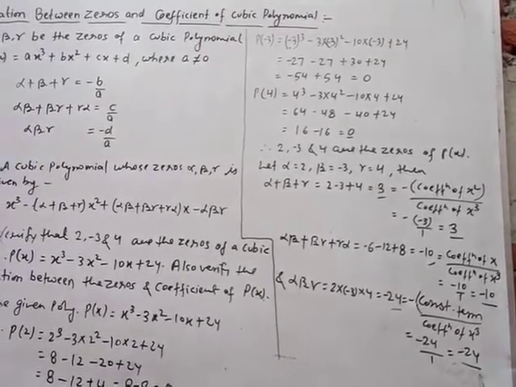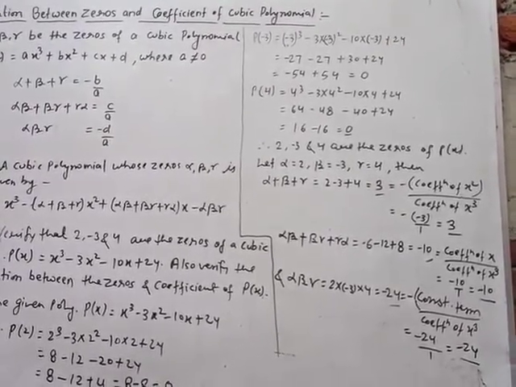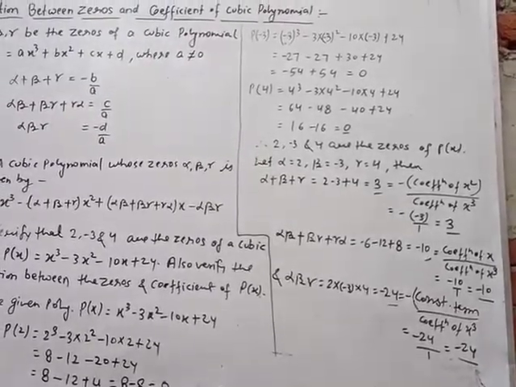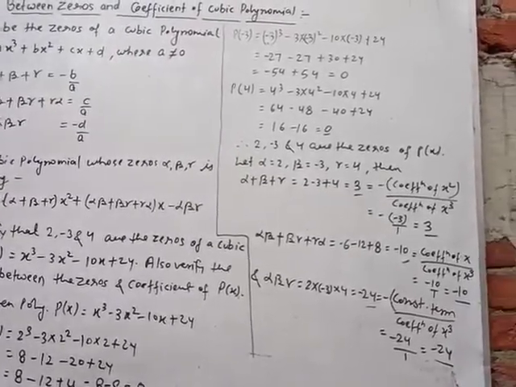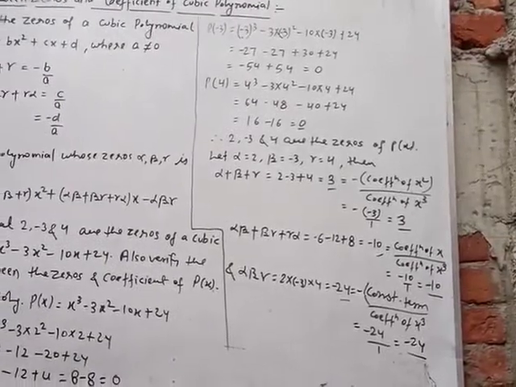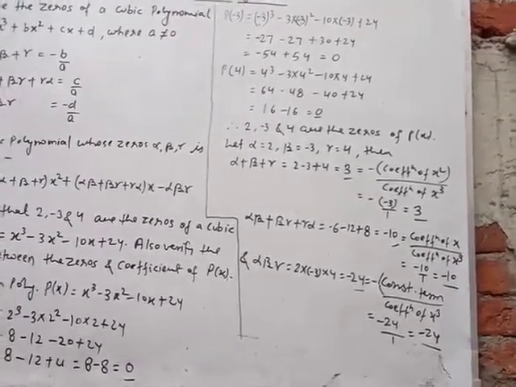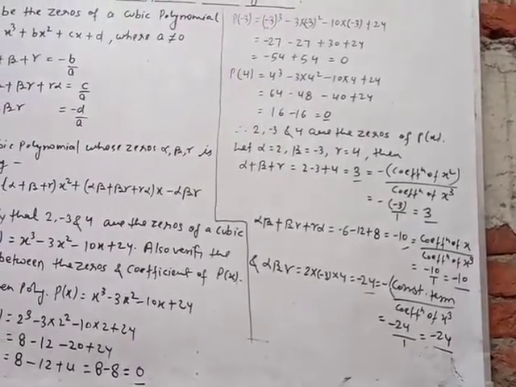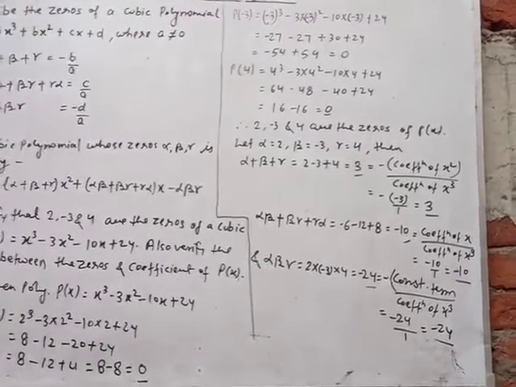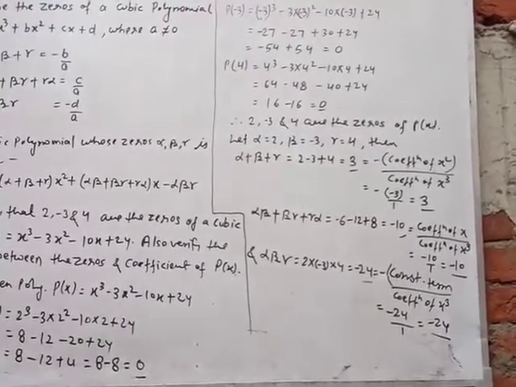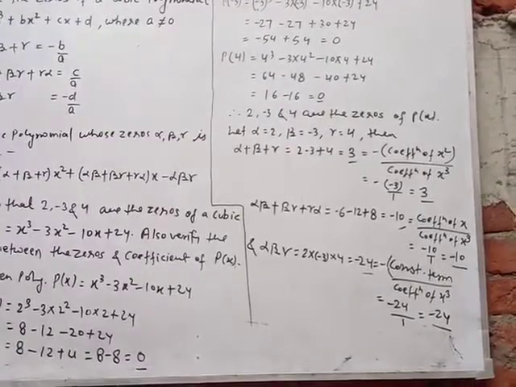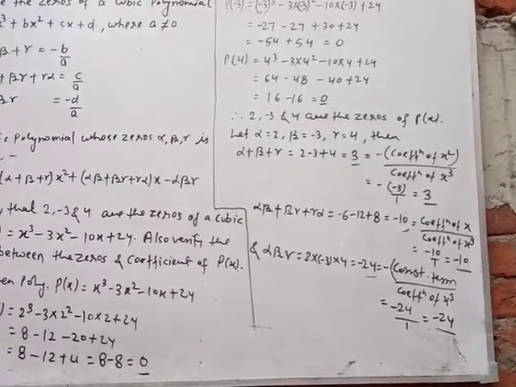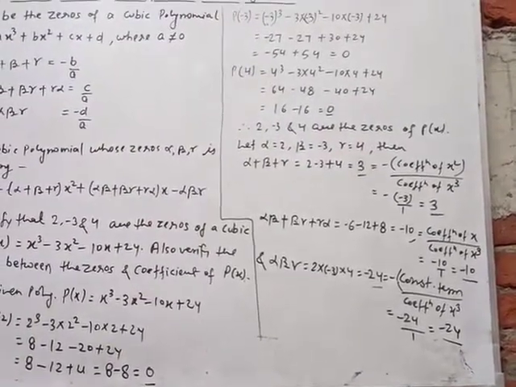Now second, we have to find the relationship between zeros and its coefficient. So see that students, firstly we suppose that let alpha equals 2, beta equals minus 3 and gamma equals 4. So you know alpha plus beta plus gamma is minus times coefficient of x square upon coefficient of x cube.